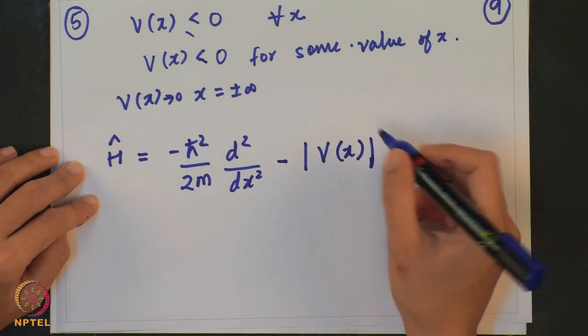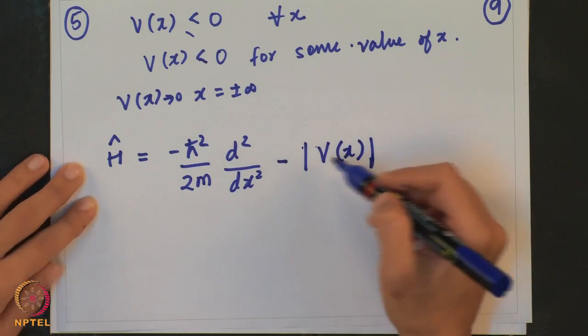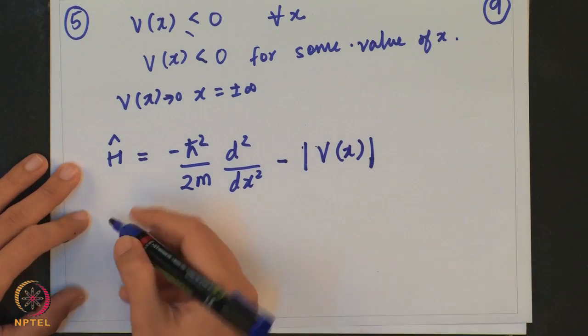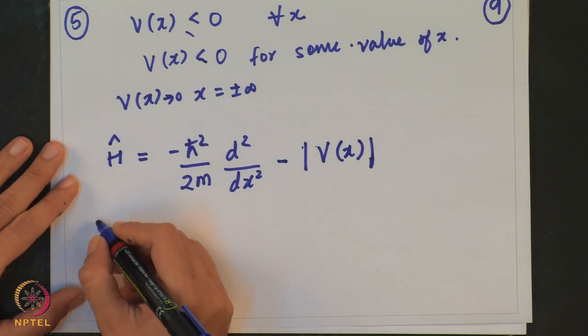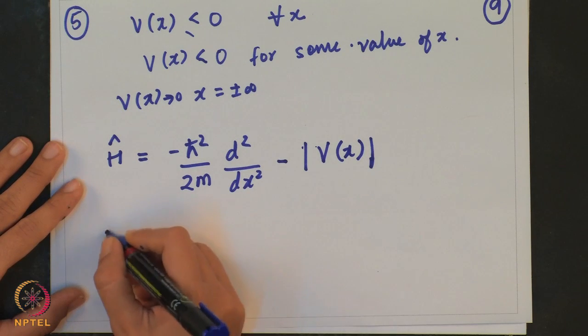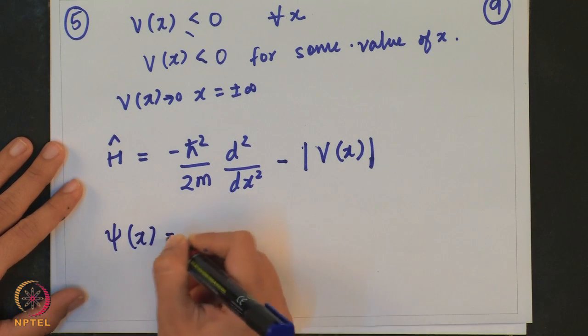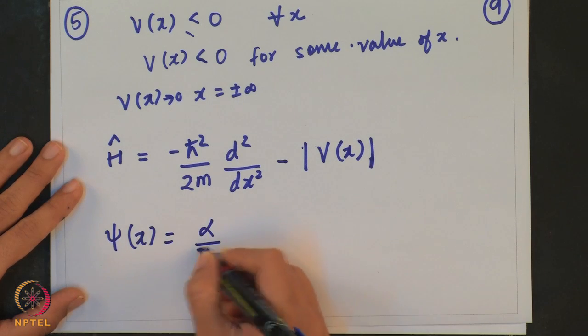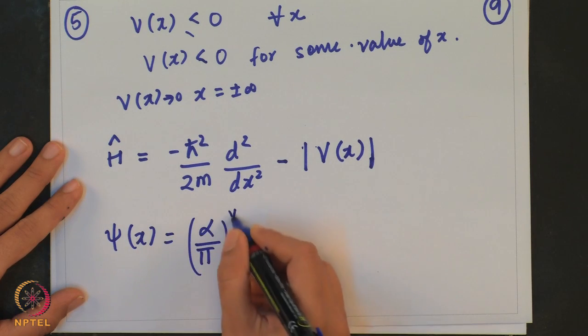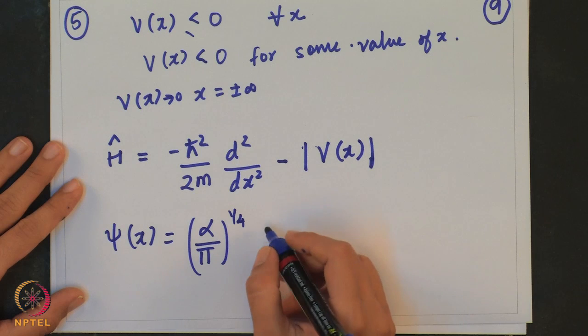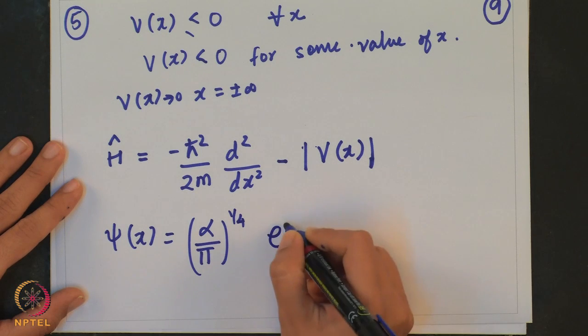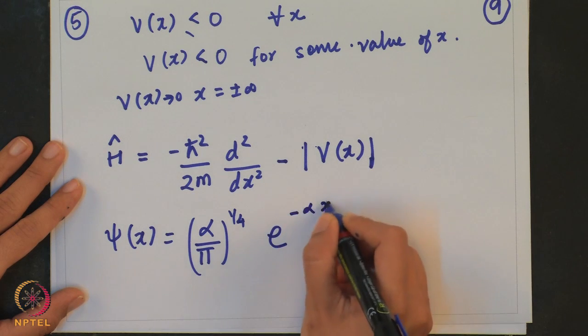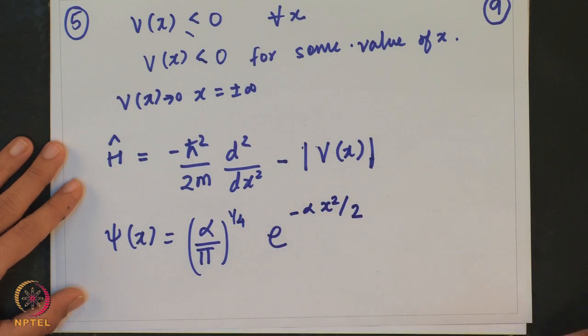Okay, so V is negative, so I have put a mod sign. Now I want to use the trial wave function, (α/π)^(1/4), that is the fourth root, times e raised to minus αx²/2.